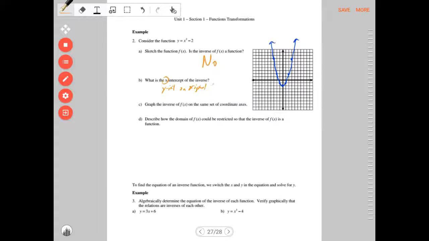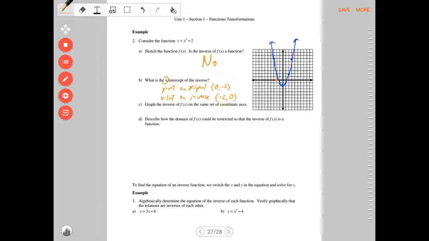So the y-intercept on the original is 0, negative 2. So on the inverse, that's going to be the x-intercept, and we just switch the x and the y, so it's going to be negative 2, 0. So that's going to be right there.